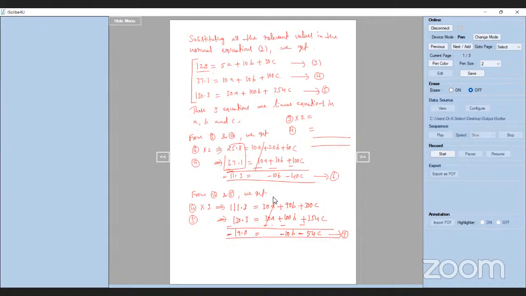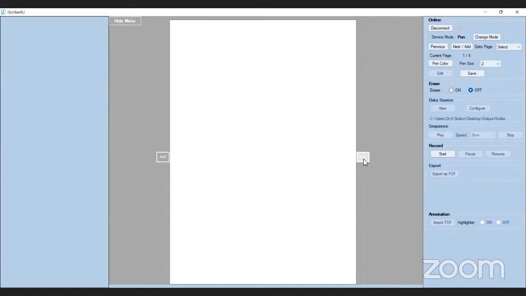Now equations 6 and 7 are in B and C. If you solve these two equations, we get the values of B and C. I am going to take another page, write equations 6 and 7 and find the C value.